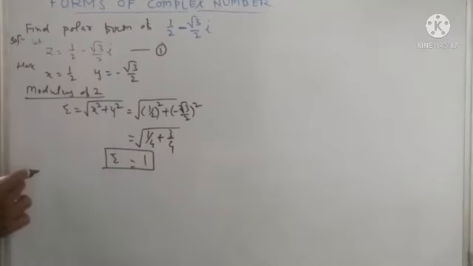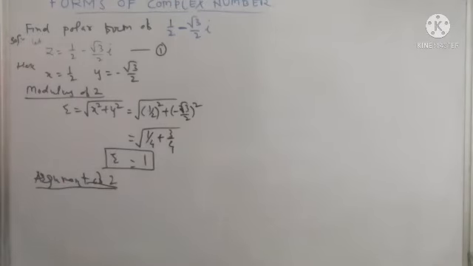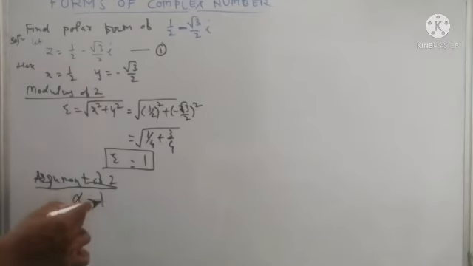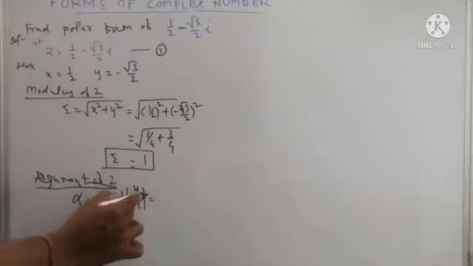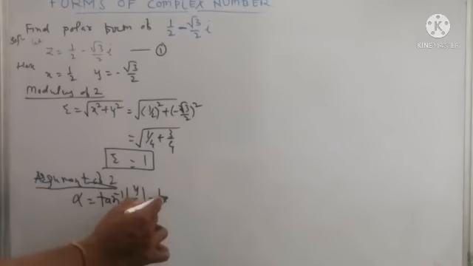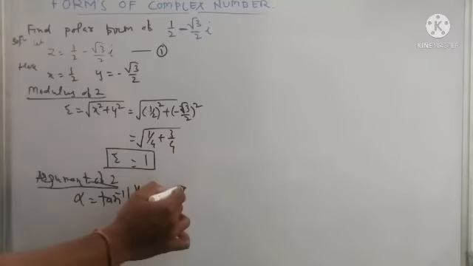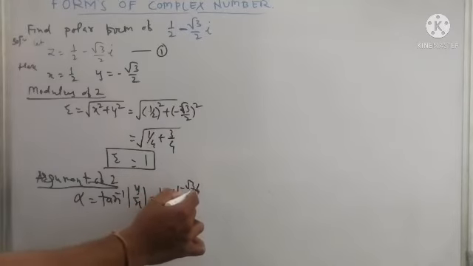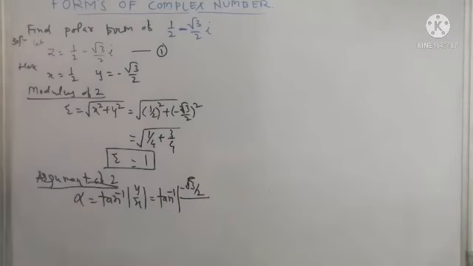Now find the argument of z. As we discussed in the working rule for finding the argument of z, first we calculate alpha, with the formula alpha is equal to tan inverse of mod of y by x. By using mod we can neglect the sign of both y and x, as when we take mod both signs will be positive. Here you can observe that y is negative, so we put it as minus root 3 by 2, and x as 1 by 2.